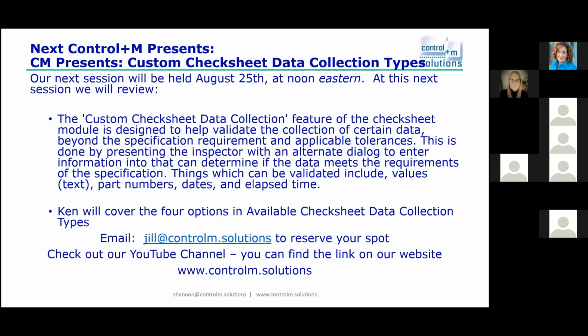Ken has some really neat applications for validating that certain features or values are present using the XBC module. So feel free to let your quality department know about this one, and stay tuned for that session.